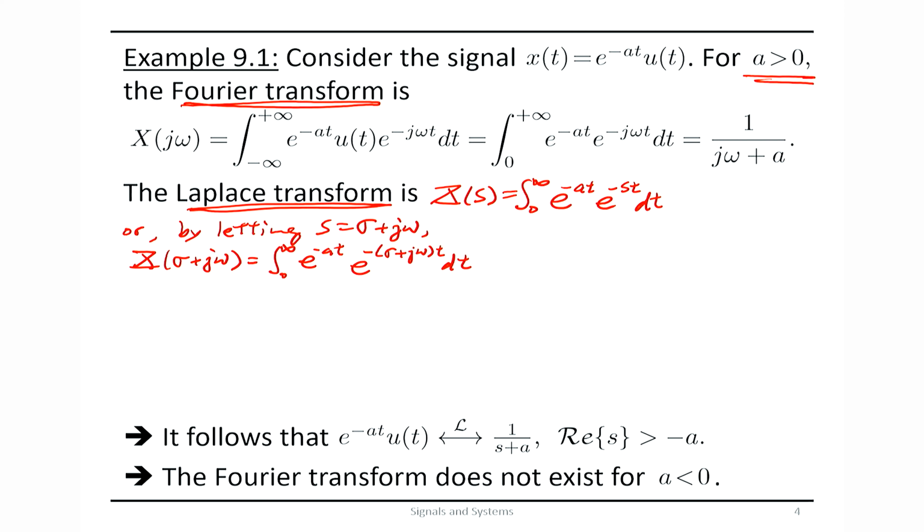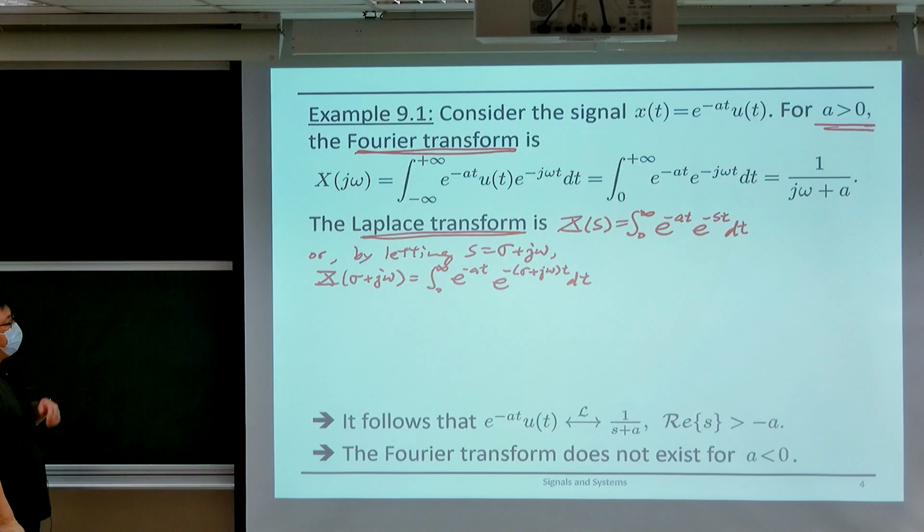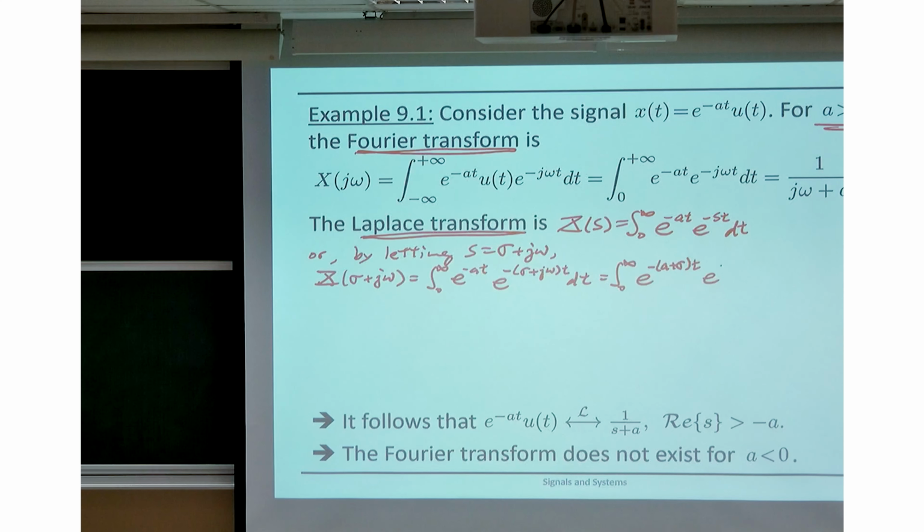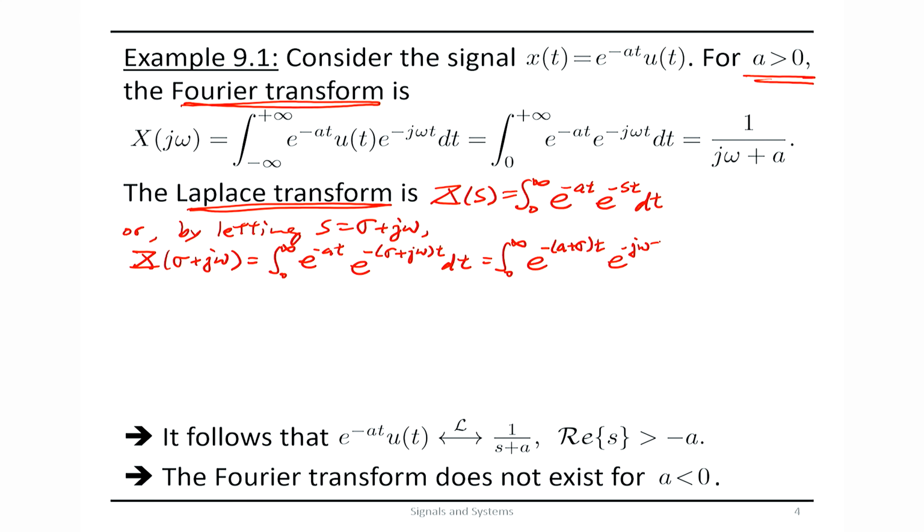And if you group together at and sigma t, the real parts of the exponent, you get e to the minus (a plus sigma) t times e to the minus j omega t dt.